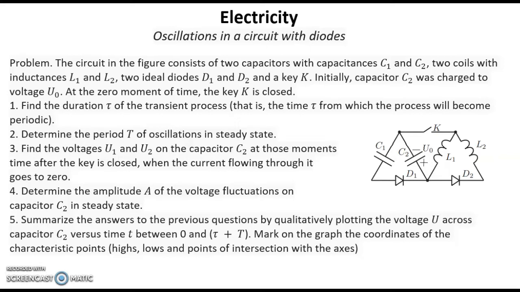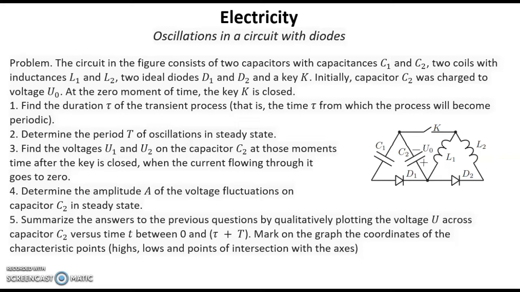Third, find the voltages U1 and U2 on the capacitor C2 at those moments of time after the key is closed when the current flowing through it goes to zero. Fourth, determine the amplitude A of the voltage fluctuations on the capacitor C2 in a steady state.